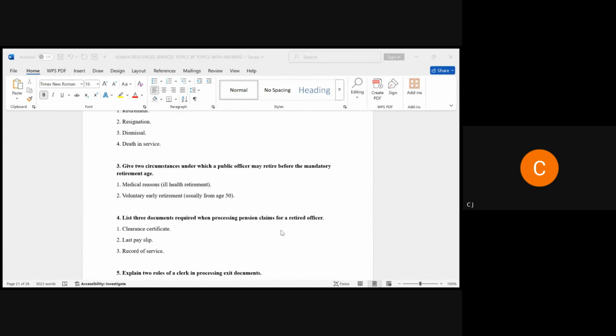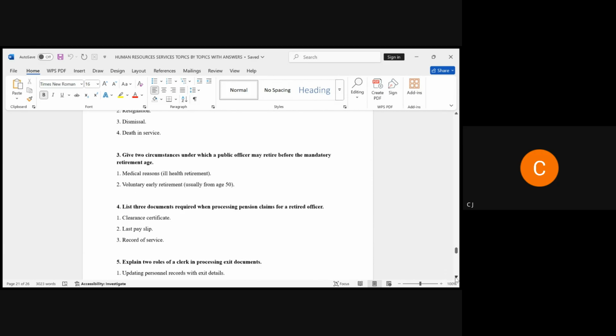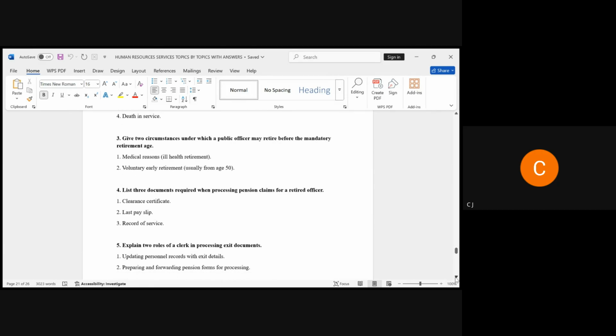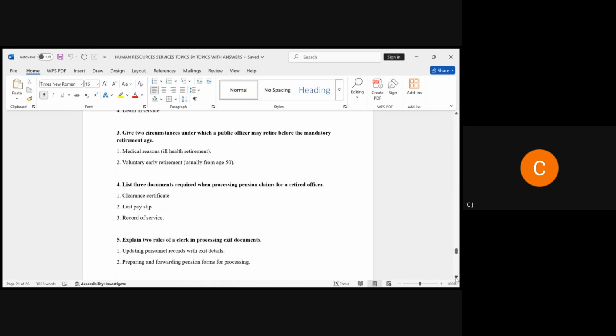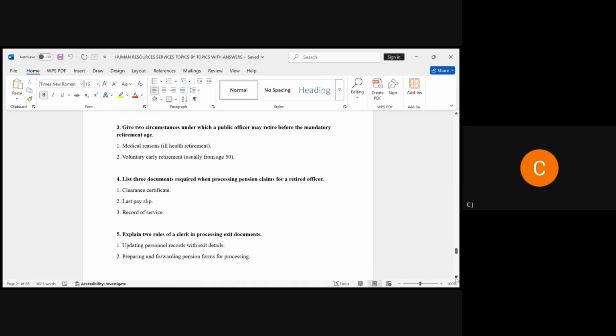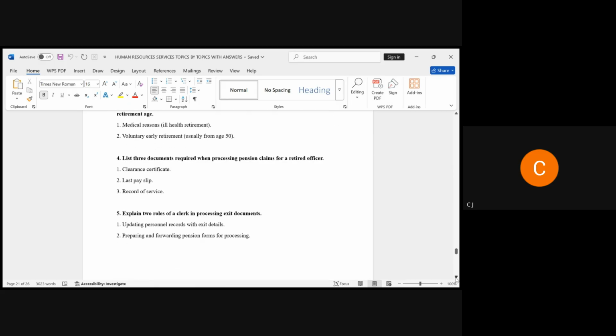Communicating exit decision to the affected officer. Thank you. Tuangalie. Updating personnel records with exit details. Preparing and forwarding pension forms for processing.